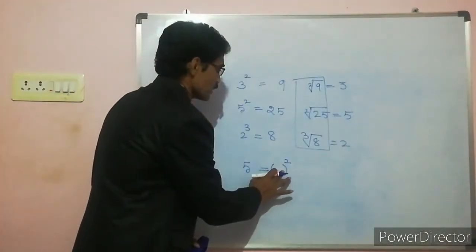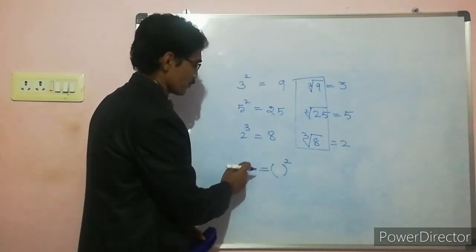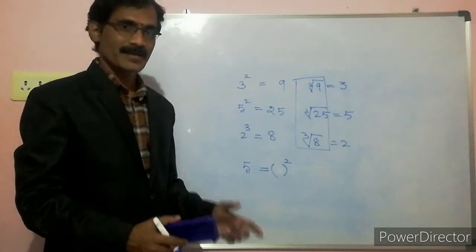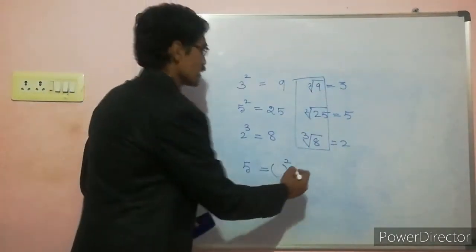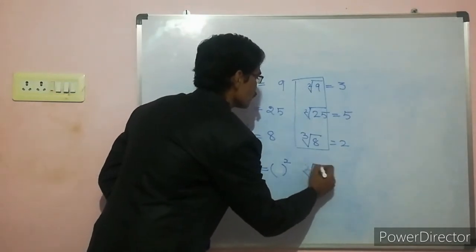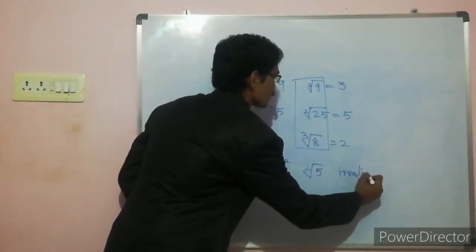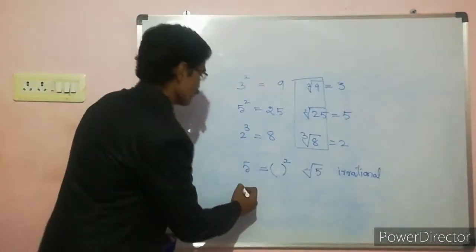So therefore square root of 5 is an irrational number. It is called an irrational number. These are rational numbers, but this is an irrational number. Square root of 5, this is irrational. One more example.